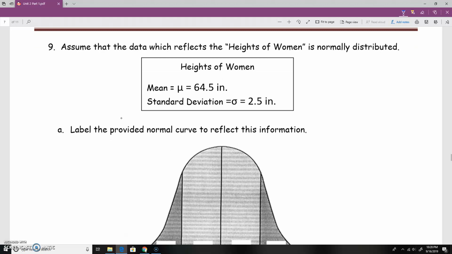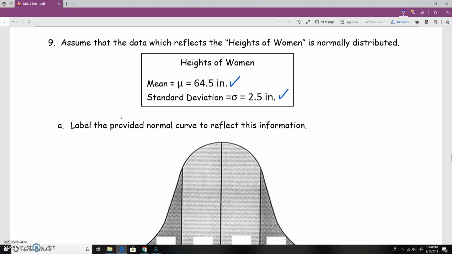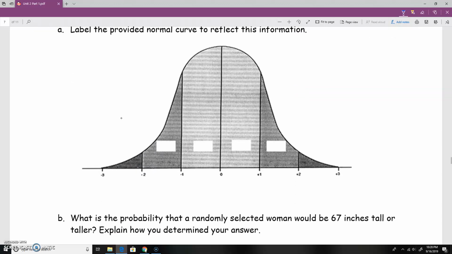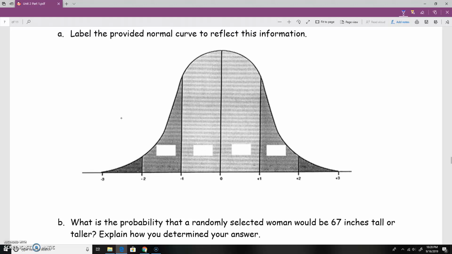Alright, so let's look at this. We've got a mean of 64.5 and a standard deviation of 2.5. So we're going to label the normal curve to reflect this information. I'm going to start with my mean in the middle. My mean is 64.5. Then I'm going to add my standard deviation to it, 2.5, which gives me 67.